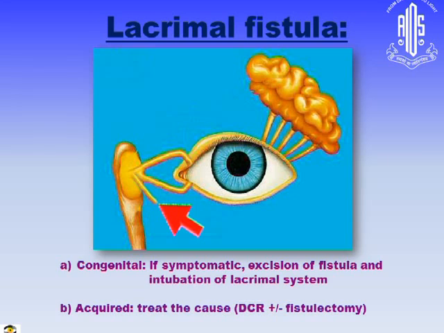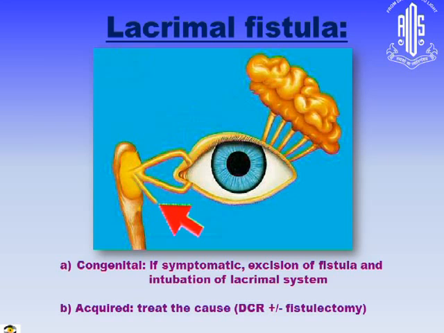Lacrimal fistula: if it is a congenital and symptomatic one, we can go for excision of the fistula and intubation. But if it is an acquired one, because of chronic dacryocystitis or a traumatic one, then depending on the situation we will have to treat the cause.